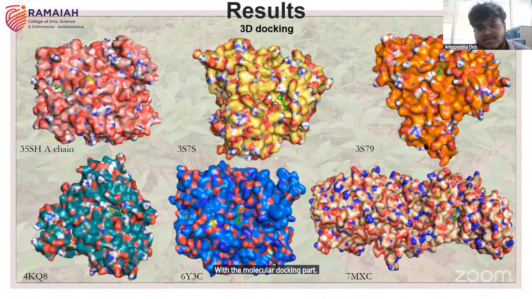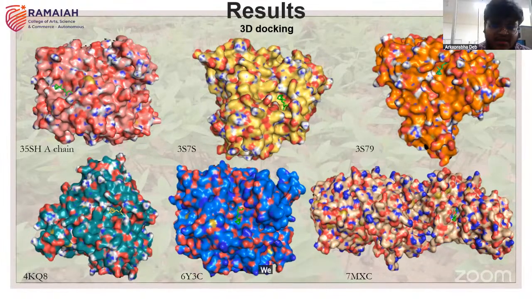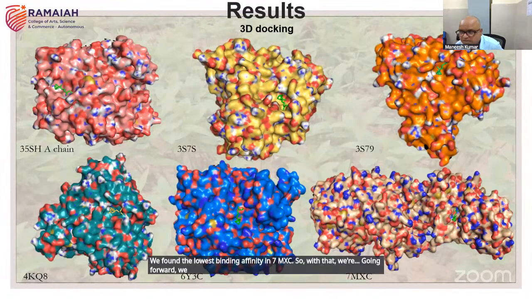Up until now, we found the lowest binding affinity with 7-MXC. With that, we'll go forward with the docking stage and GROMACS.